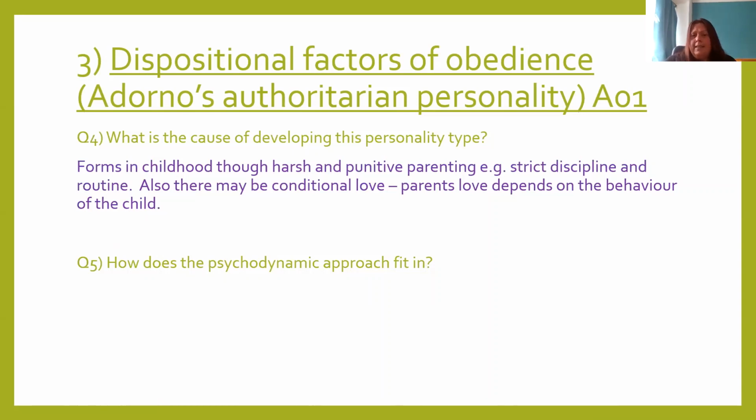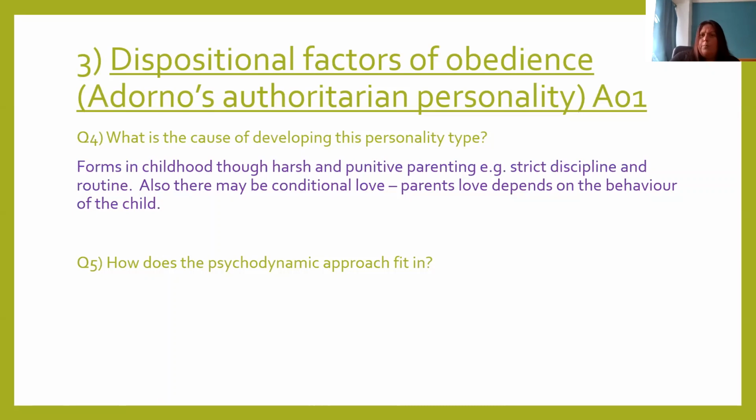So another key thing to remember is that there was perhaps very much conditional love with these individuals. So the parents only showed their love and respect for their children depending upon whether or not the children behaved in a way in which was desired by those parents. So thinking in terms of Freud and for question 5, how does this fit in? Why is it that these individuals, they've had this harsh and punitive upbringing, it's shaping their personality, but how does this actually help us to explain why they're more likely to be obedient?